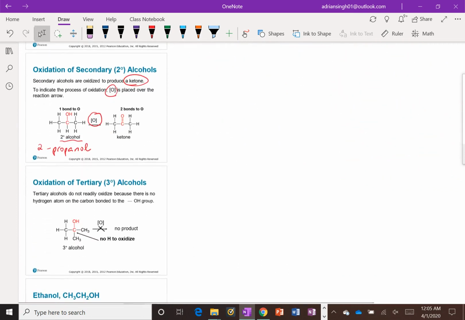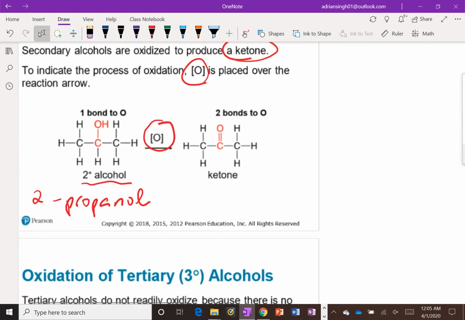So when you oxidize a secondary alcohol, what we end up doing again is we increase the number of bonds to oxygen from 1 to 2, but we've also lost a couple H's as well. We lost an H from here, and we lost an H down at the bottom.